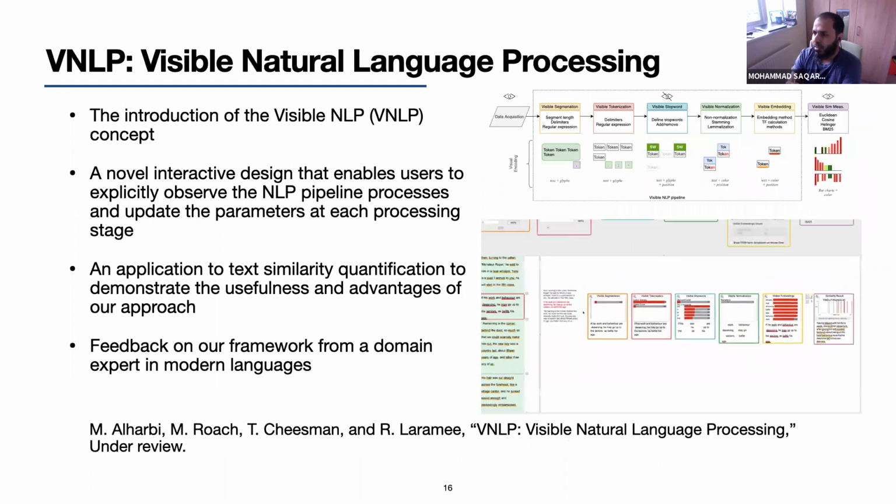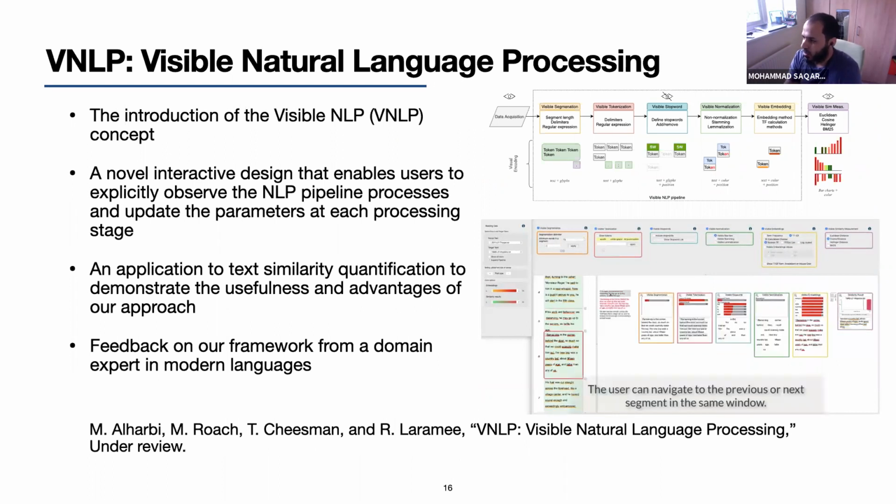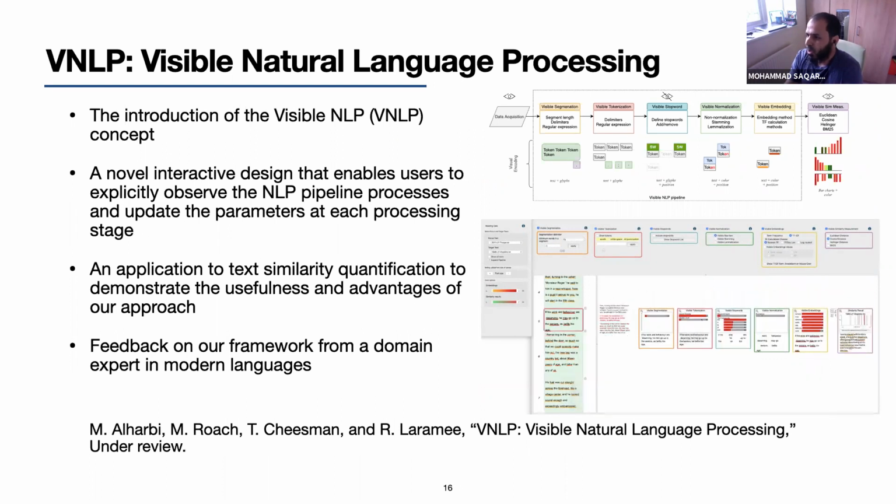The third chapter is the VNLP, Visible Natural Language Processing. The main contribution of this application is the introduction of the visible NLP concept. It also introduces a novel interactive design that enables users to explicitly observe the NLP pipeline process. Also, it enables the user to intervene in the process and refine and update the NLP process.